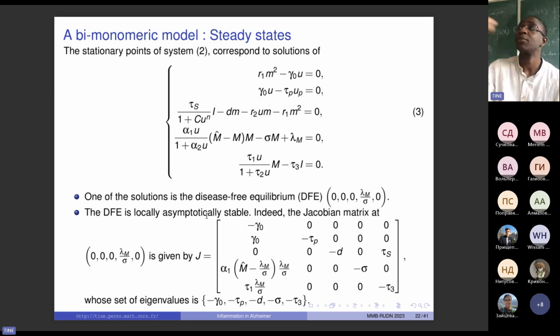It is locally asymptotically stable because when I look at the associated Jacobian matrix at this point, we can easily see that the eigenvalues are minus gamma naught, minus TP, minus D, minus sigma, minus tau 3.